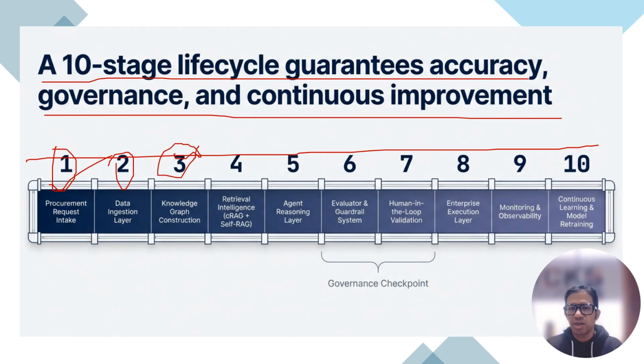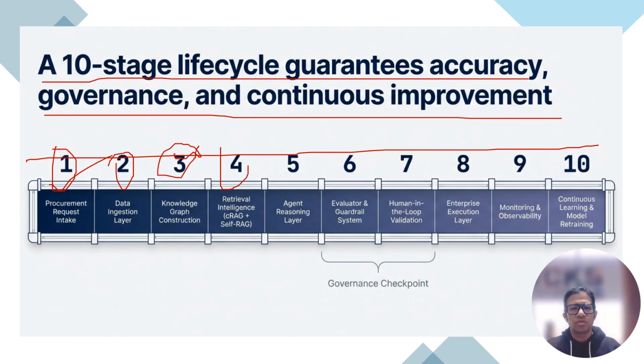Stage 3 is knowledge graph construction. This is where we build relationships like vendor, region, regulation, supplier, contract, clause, category, approved suppliers. This is what makes procurement context aware.